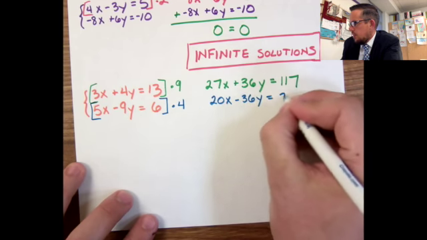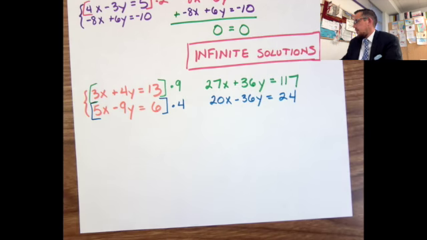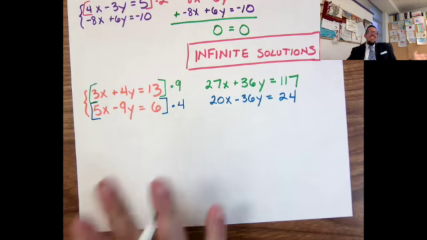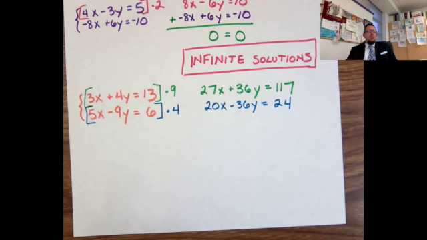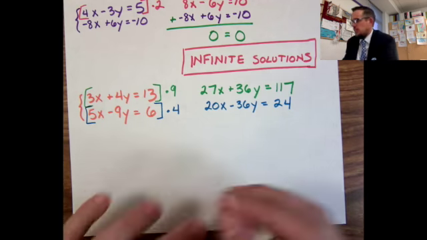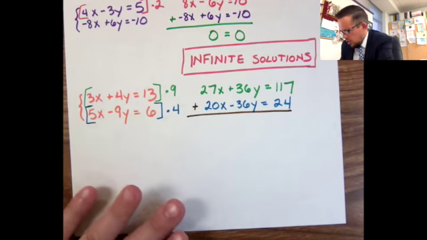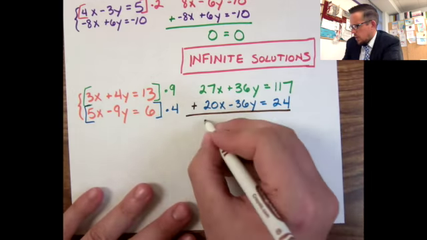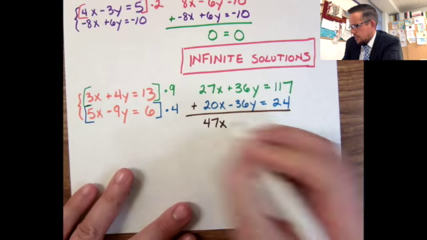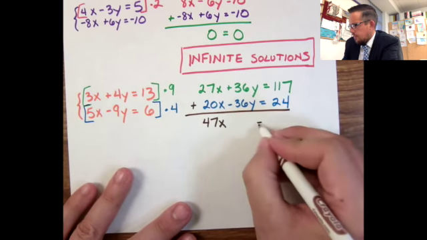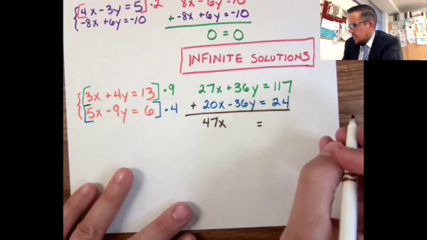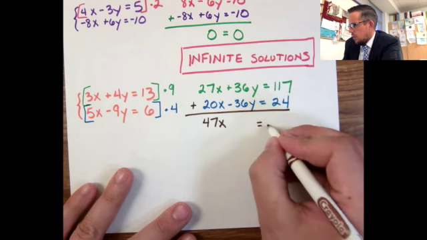And 6 times 4 is 24. That took a little more work than I really wanted to do, but I can eliminate some stuff now. So 27 plus 20 is 47. The y's are gone. And 117 plus 24 is going to be 141.